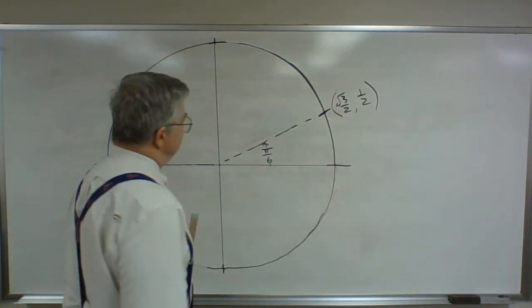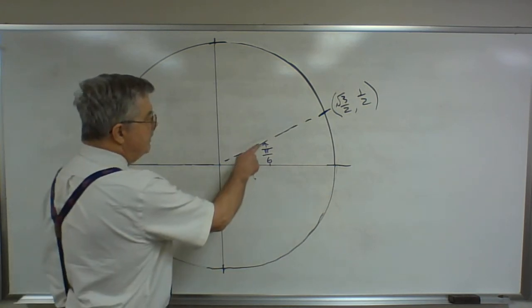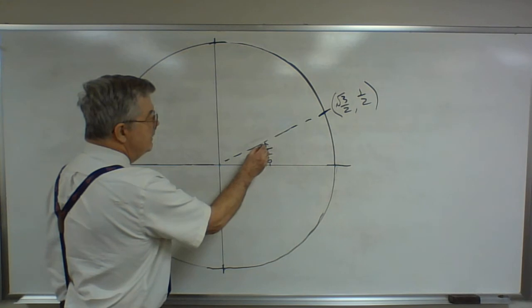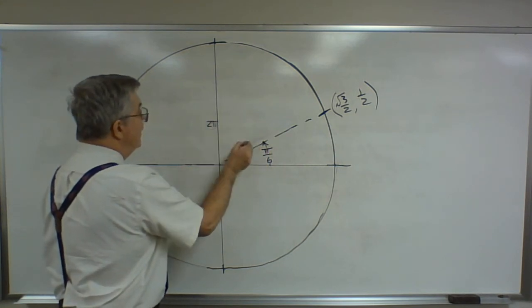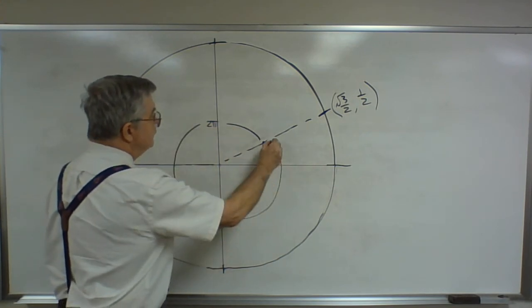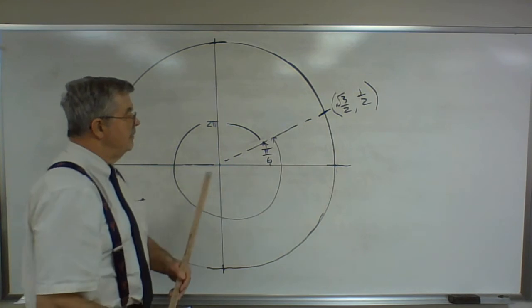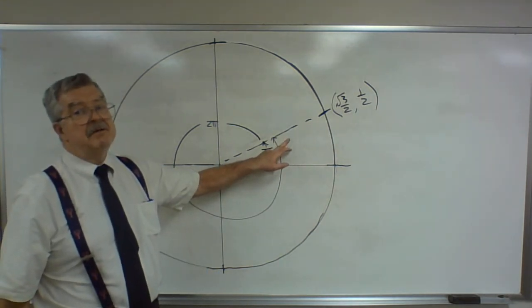Now let me ask you something. What happens if I start right here at this point on the terminal side of the angle, and I go a distance of 2 pi around the circle? Don't I essentially have the same angle?